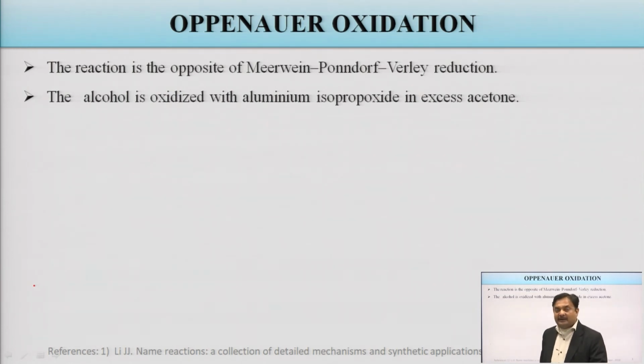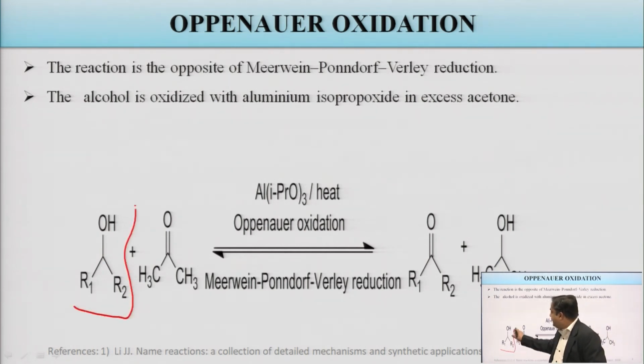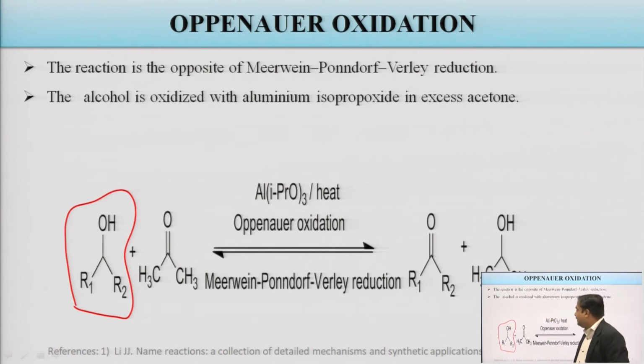Aluminum isopropoxide is used as a catalyst while acetone is used as a reactant. Here you can see the reaction. When you focus on the reaction, we are using secondary alcohol, then acetone as a reagent, and aluminum isopropoxide, and the reaction needs a little heat to be completed.